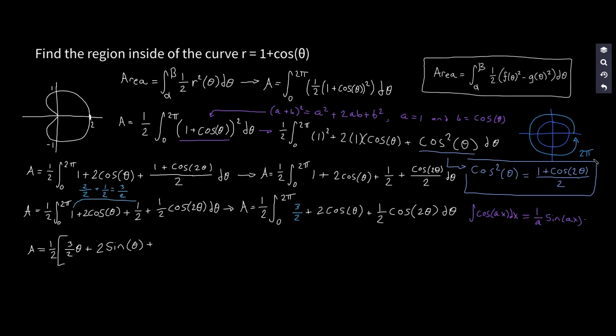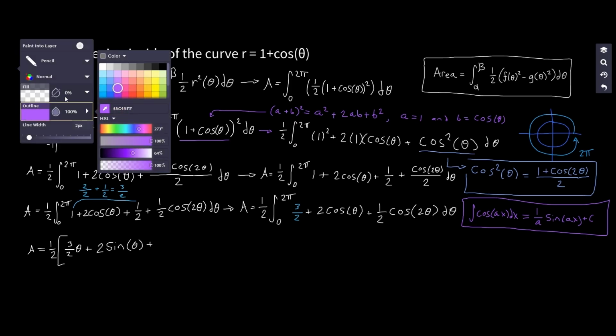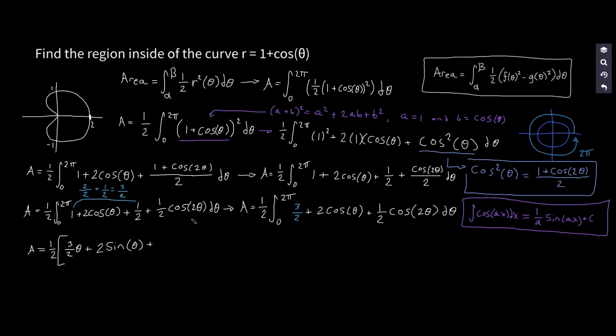Technically there's not going to be an arbitrary constant because this is a definite integral, but I'm going to add the plus c just so we don't forget. It's technically not needed because this is a definite integral.